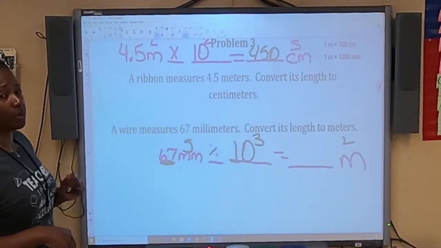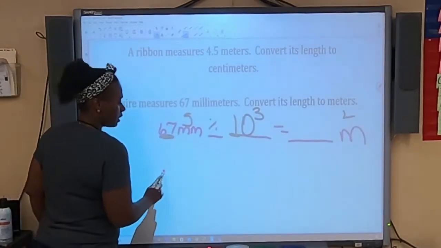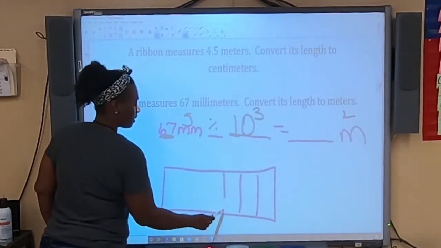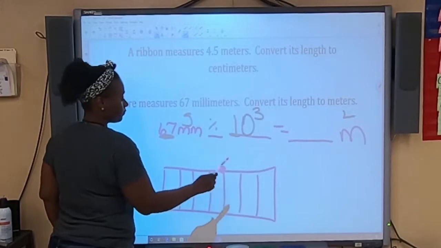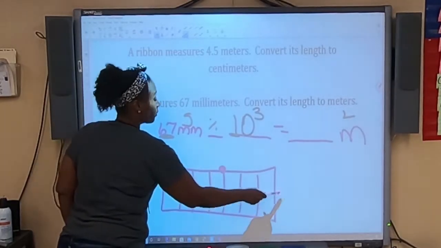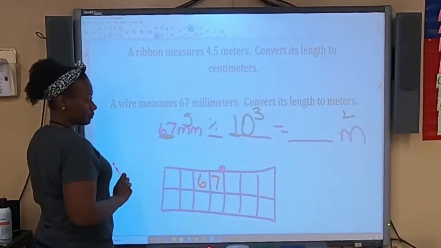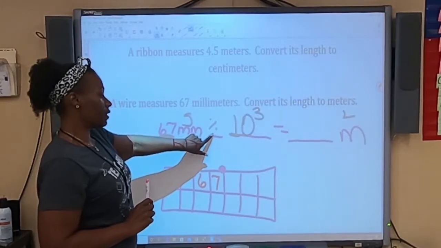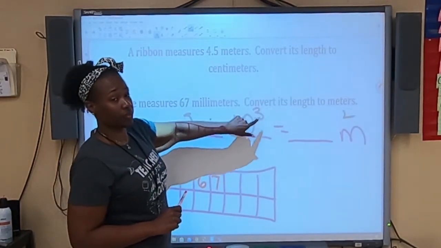So I'm going to pull my chart out because I'm moving too fast. So here's my place value chart, divided into place values. I'm going to put my decimal right here. 67 is a whole number, so I need 6, 7. Remember when we divide, we're shifting on that place value chart to the right. My exponent says go right 3 times.